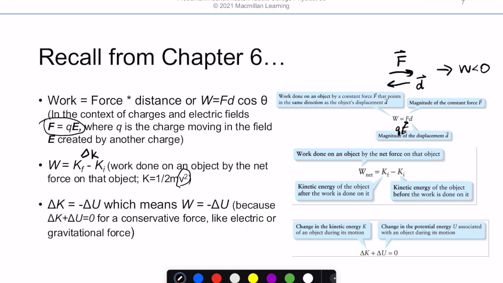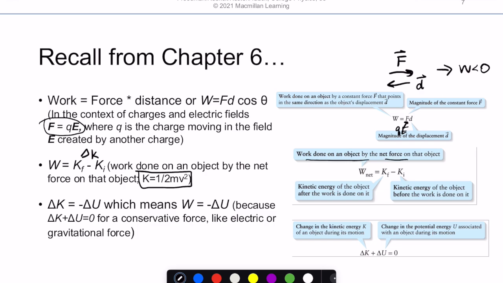So we can also define the work as change in kinetic energy, where kinetic energy is 1/2 mv squared, which I'm sure you remember from physics 1. It's one of those equations that is probably going to be burned in your mind for the rest of your life. So the work done by the net force on an object, okay?